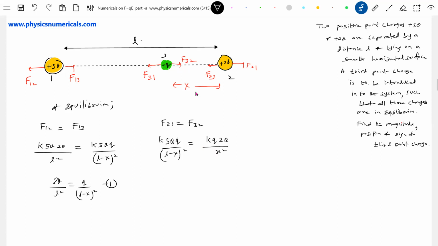So we end up with the relation 5x square equal to 2 times (L minus x) whole square.